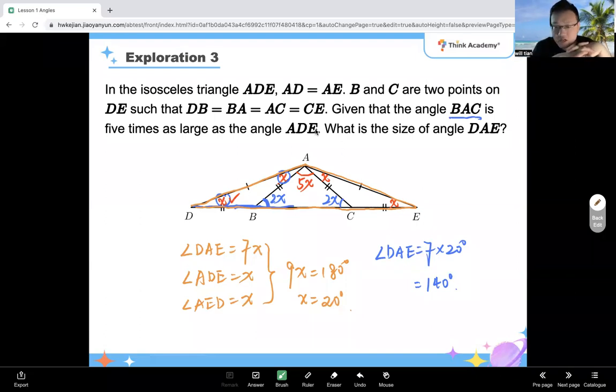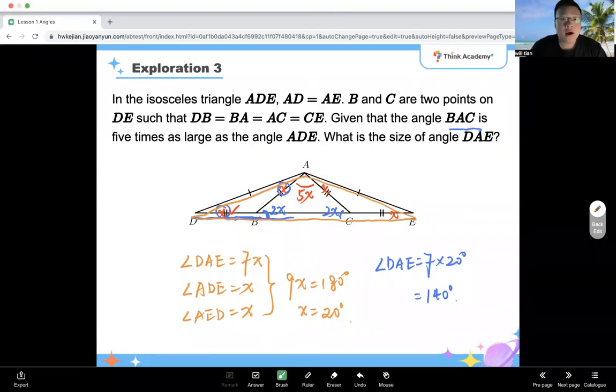Because for all the others, you can use 2x, 3x, 5x, and it's going to be easy for you to do the calculations. But if you choose BAC as x in this question, then for all the other angles you're going to do 1/5 of x. And it's really likely to make a mistake when you do calculations with fractions. So remember to choose the smallest angle as x, okay?